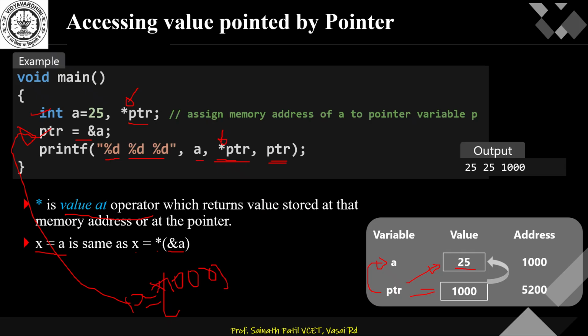So the output will be, for a it will print 25. For star ptr, that is the value at ptr, it is 25, and then the value of ptr, that is address 1000.